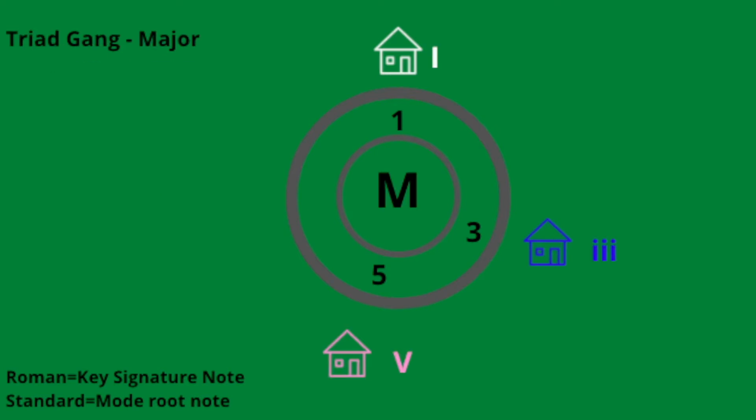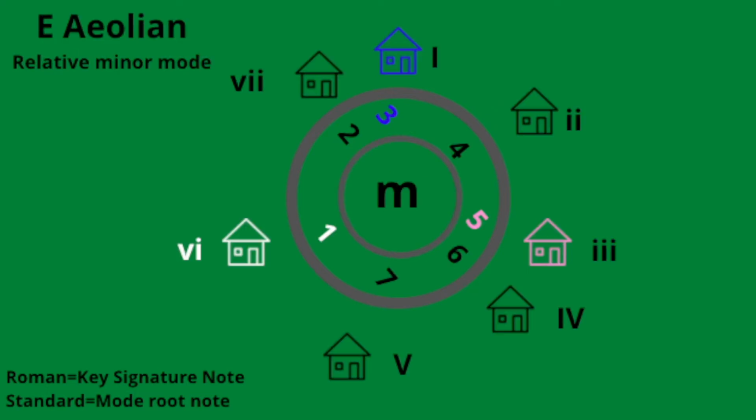Well, they actually have some similar notes. If we look at our intervals, the 1, 3, and the 5 of our triad gang, that's major, whatever key we're in, the tonic is the 1, the major third is that 3, and then the 5, that's our little pink perfect house there.